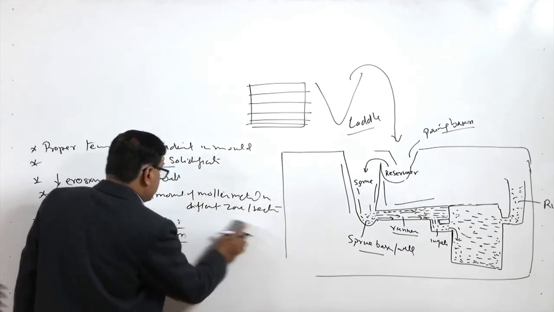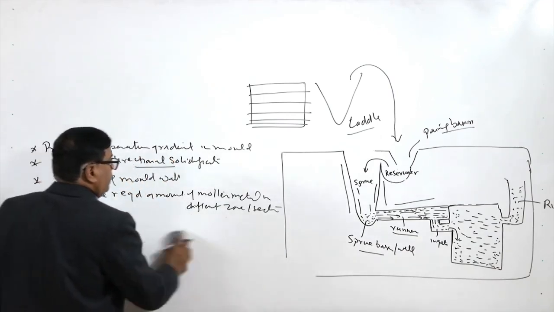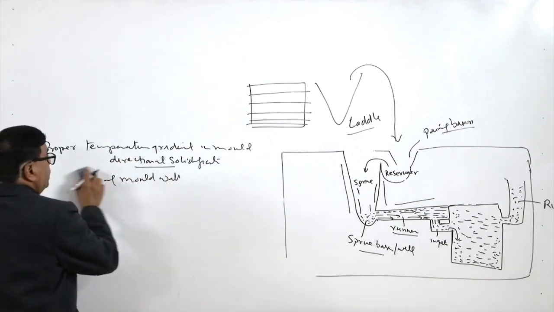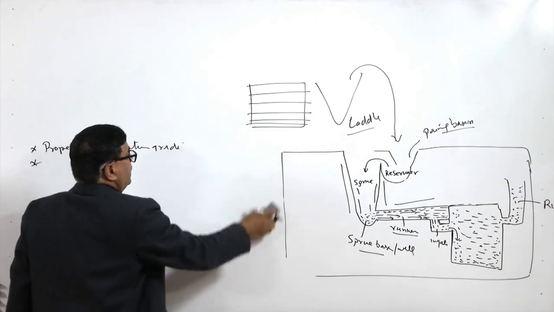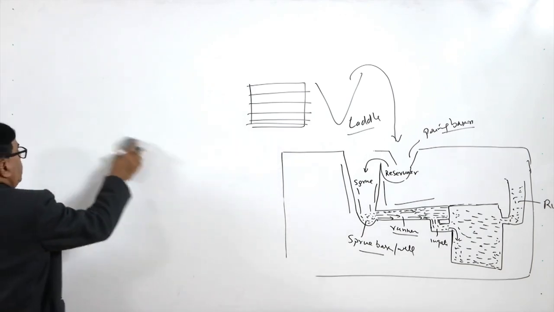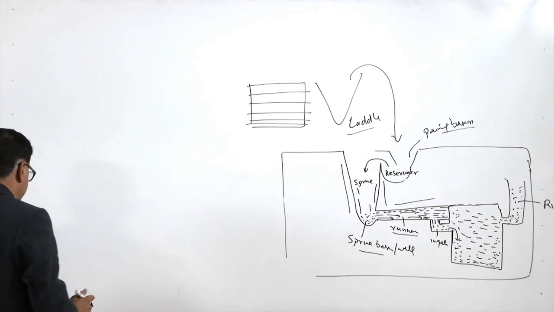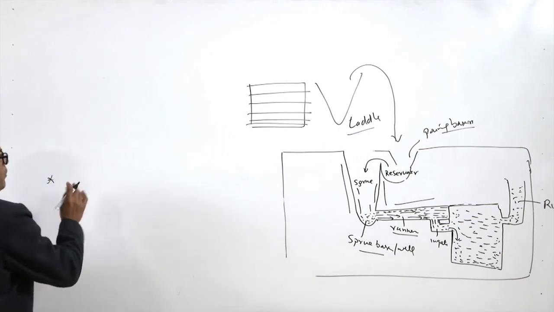So, the design of the gating system should take care of the feeding of the molten metal in the required quantity.